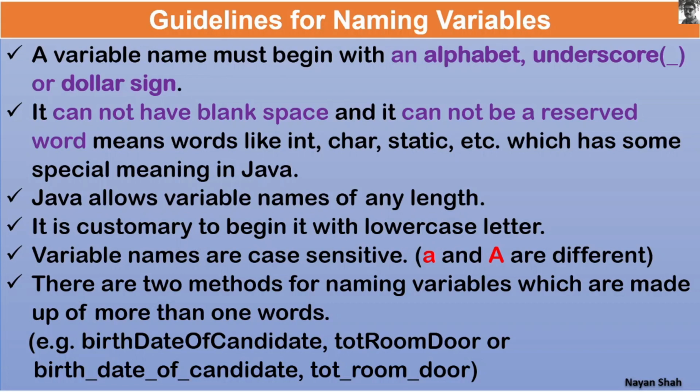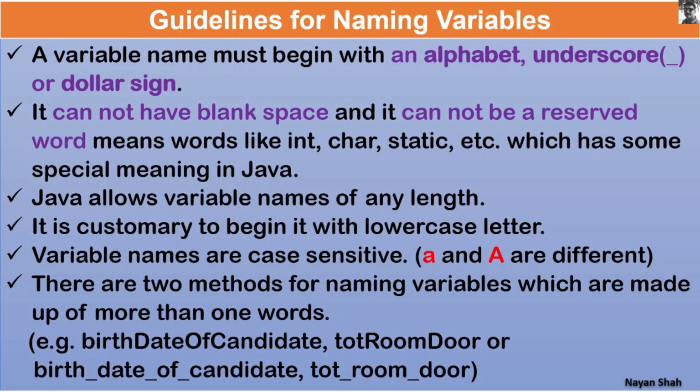There are two methods for naming variables which are made up of more than one word. One method is where you capitalize every word's first character except the first word, like birthDateOfCandidate.